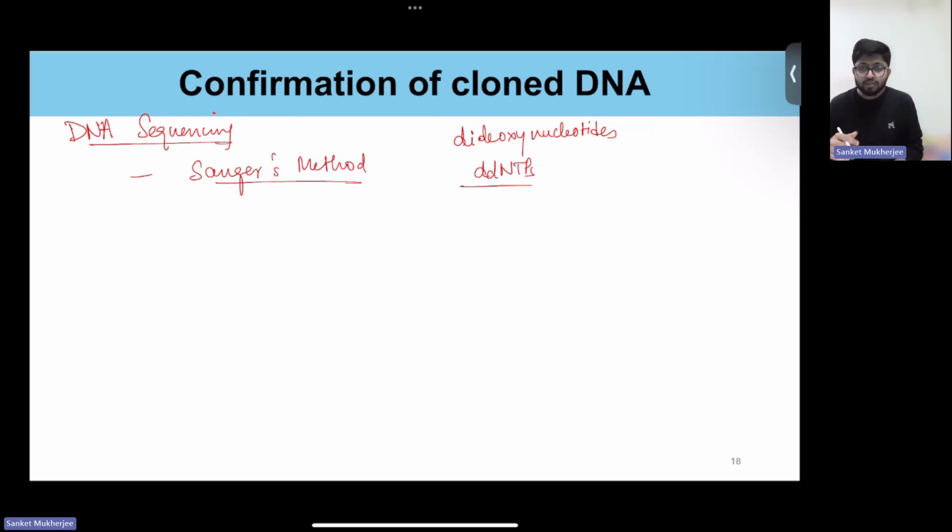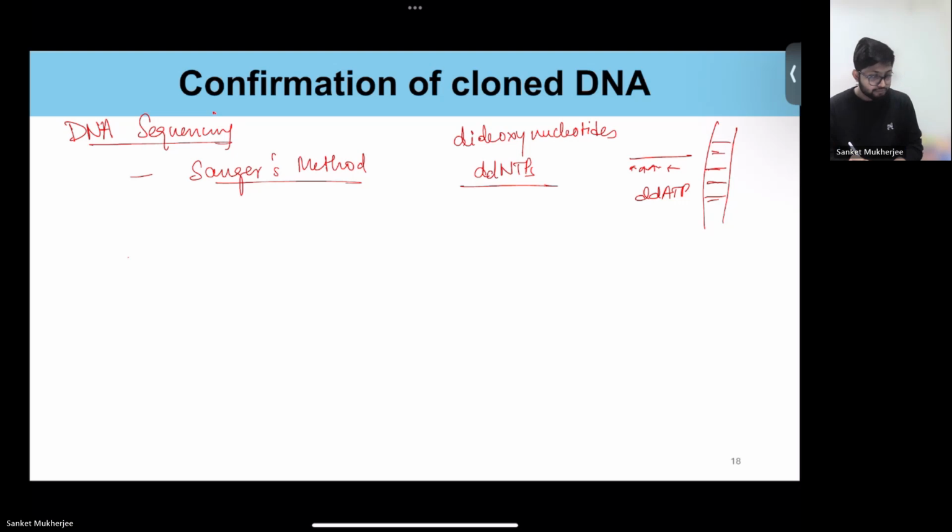It is also known as the chain termination method, where during a reaction there will be addition of bases. But if there is a ddNTP, let's say ddATP is added at one point, the chain will terminate and it will not continue amplification. So in a gel, you would see multiple amplicons of different lengths, differing by one base pair. If you go to one base pair resolution, you can actually read the sequence.